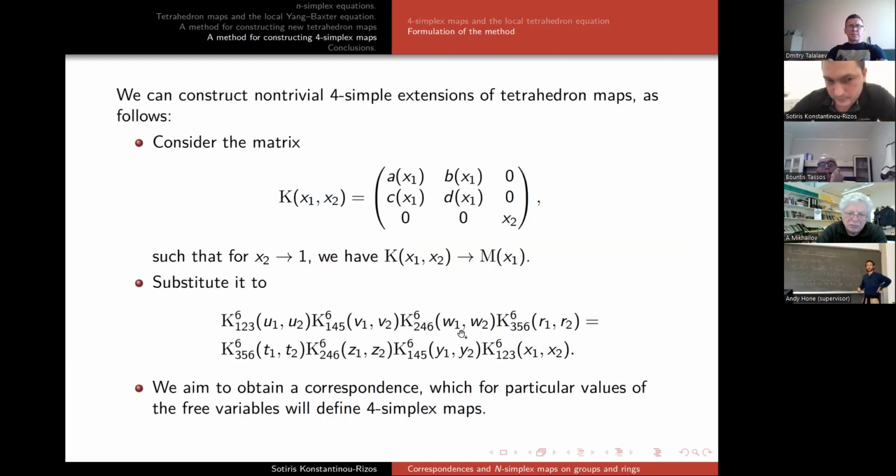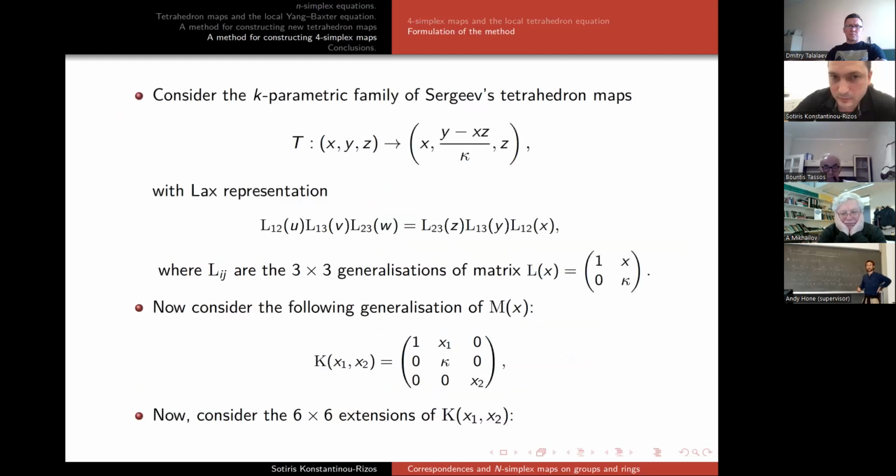And substitute this matrix into the local tetrahedron equation, and we aim to obtain a correspondence which, for particular values of the free variables, will allow us to define 4 simplex maps. And as an exercise, we'll do it on Sergei's map. So let's get this first.